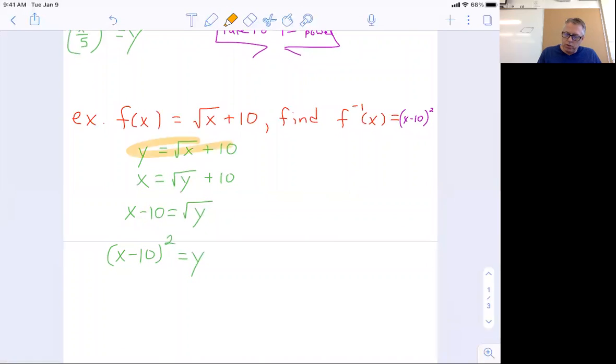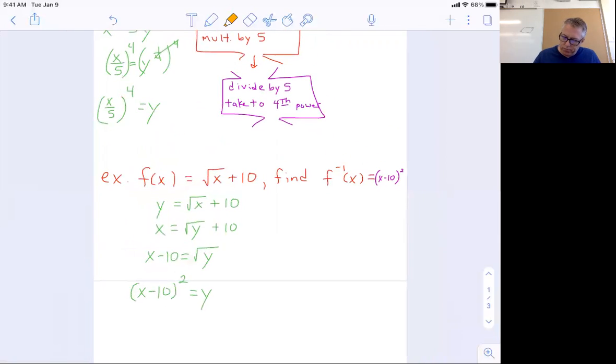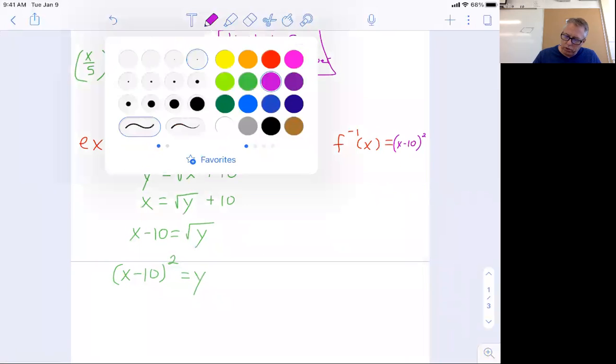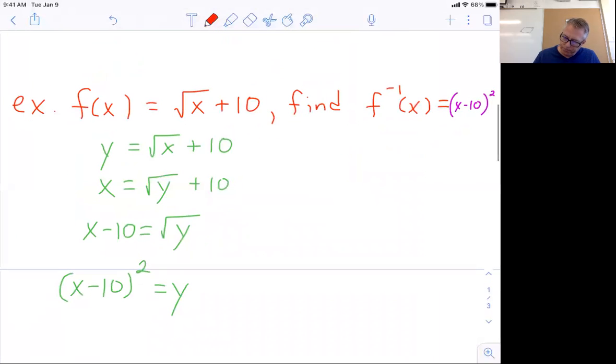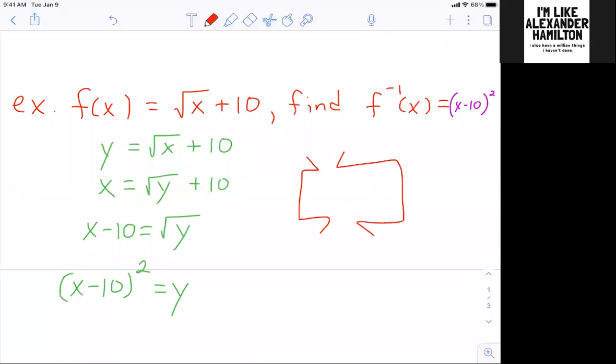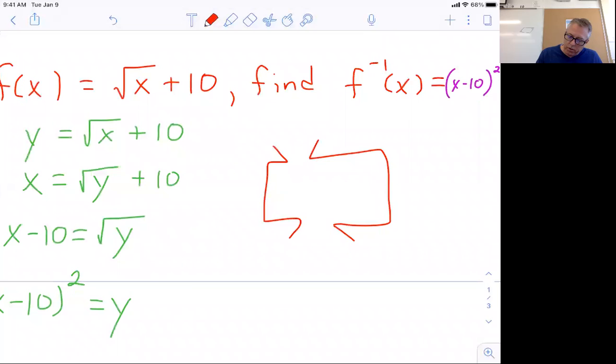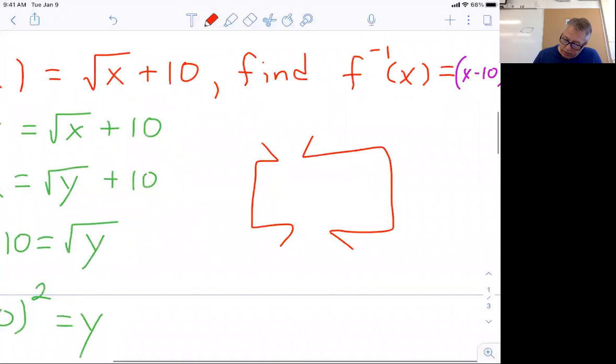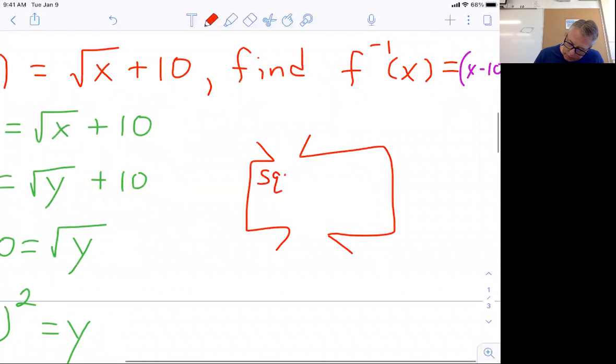So again, some students like this method because it is methodical, but some prefer to think it through the other way. You know, if we had our function and we plug a number into there, well, the first thing we do is take the square root, right? So the first thing we would do is square root, and then we would add 10.